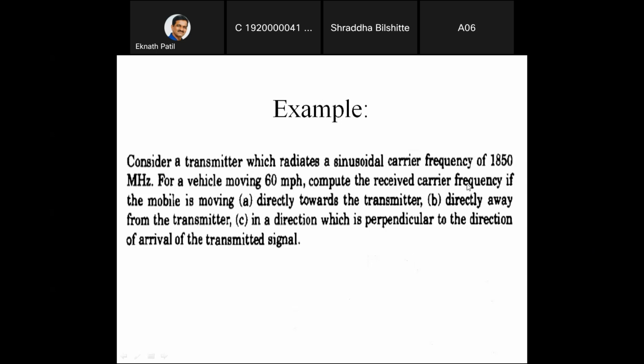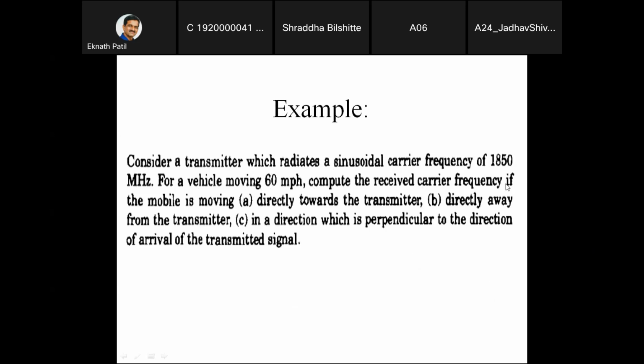Compute the received carrier frequency if the mobile is moving: A, directly towards the transmitter; B, directly away from the transmitter; C, in the direction perpendicular to the direction of arrival of the transmitted signal.